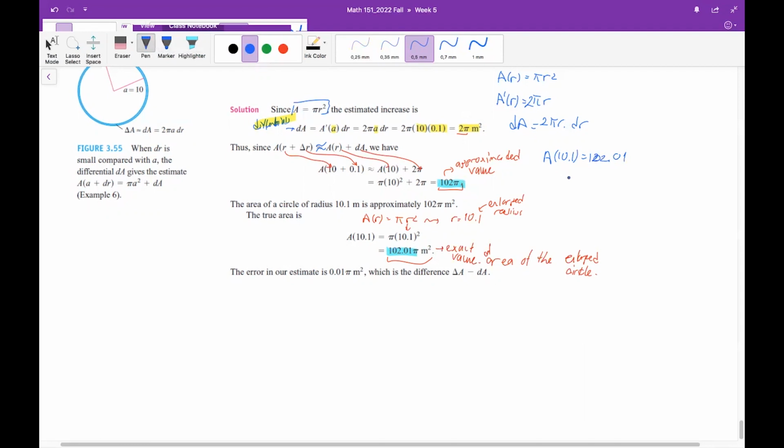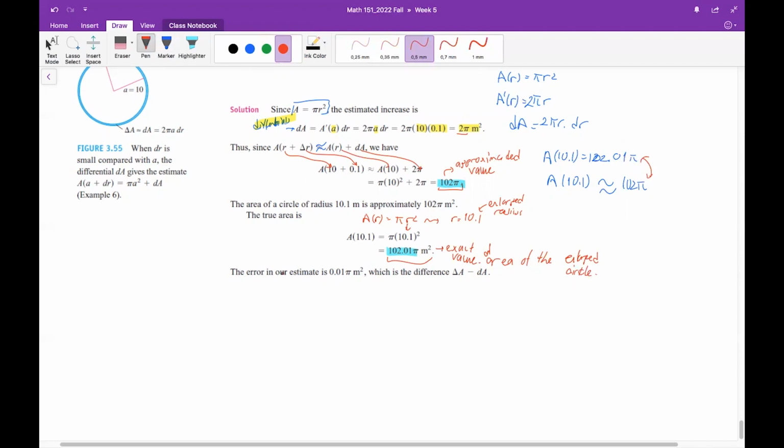And we also gave an estimation for the area of the enlarged circle. What was that? In the first step, we found an estimation for this area as, where is it here? 102 pi. There's also pi here. And now if you compare these two, you see a very small difference between them.